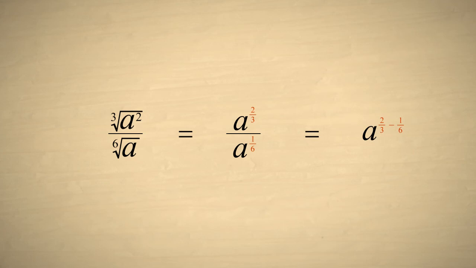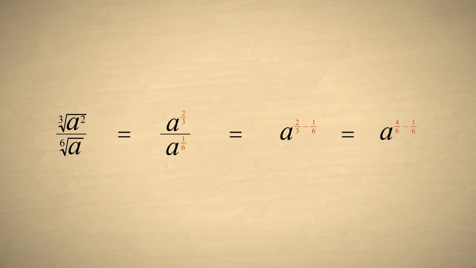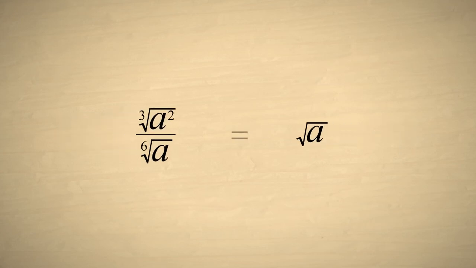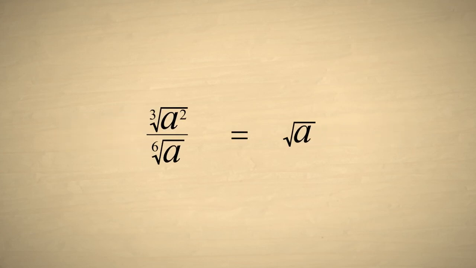Using the common denominator 6, we can write this as 4/6 minus 1/6, which is 3/6, or 1/2. Of course, a to the 1/2 is the square root of a. So the cube root of a squared over the 6th root of a can be simply written as the square root of a.